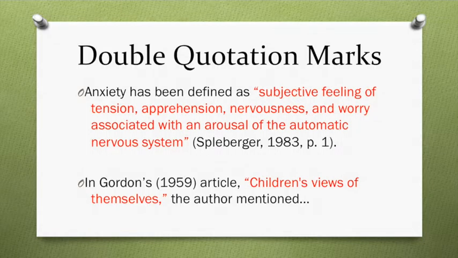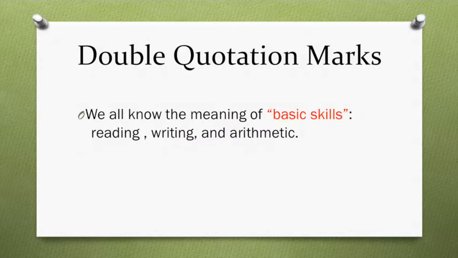In the second example, the highlighted part is the title of an article. You can use double quotation marks for the title of a book or an article. If you want to emphasize a coined expression, basic skills, you can use double quotation marks.